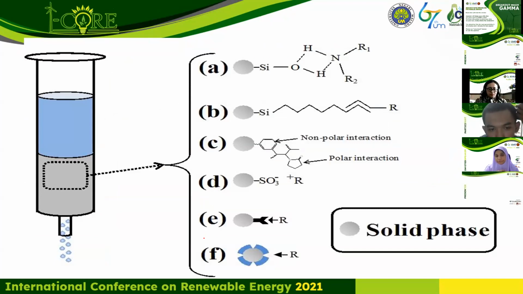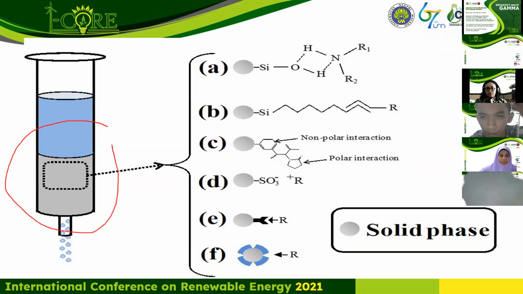So what is a solid phase extraction technique? It's a very simple technique. We have a solid phase, either we put it in a cartridge or whatever. Our targeted analyte interacts with this particular solid phase. The interaction depends on what type of solid phase we use.